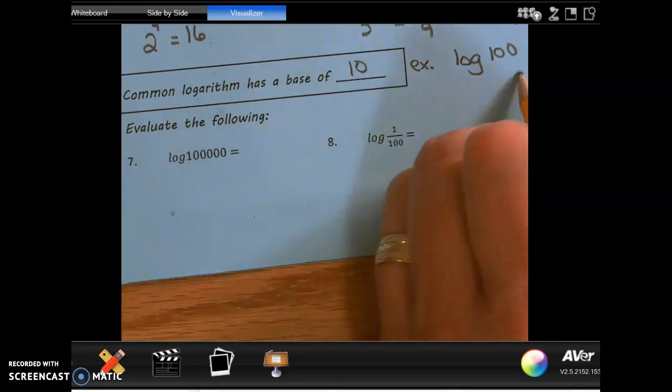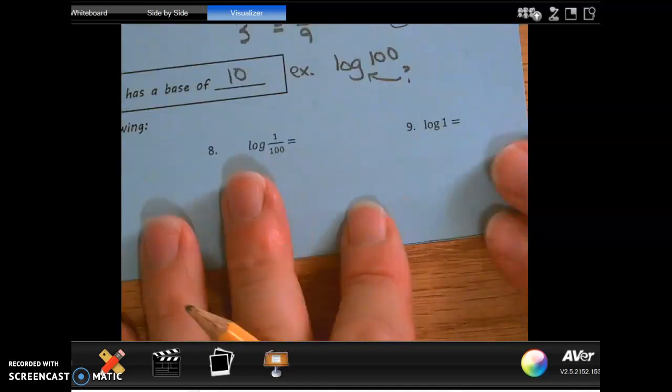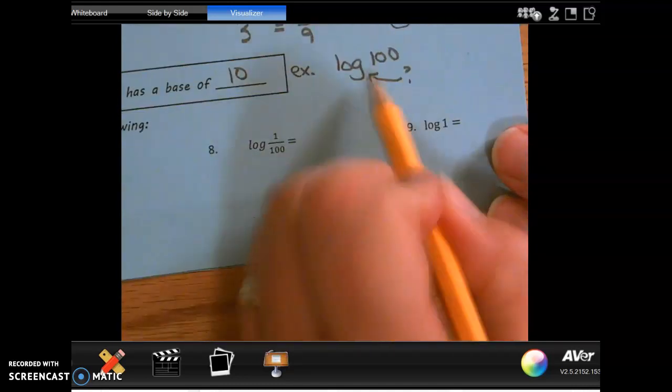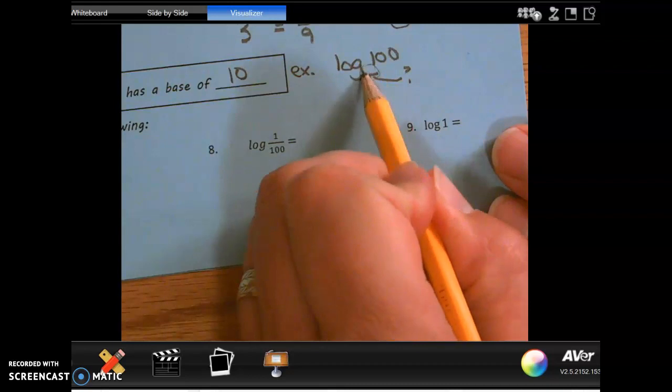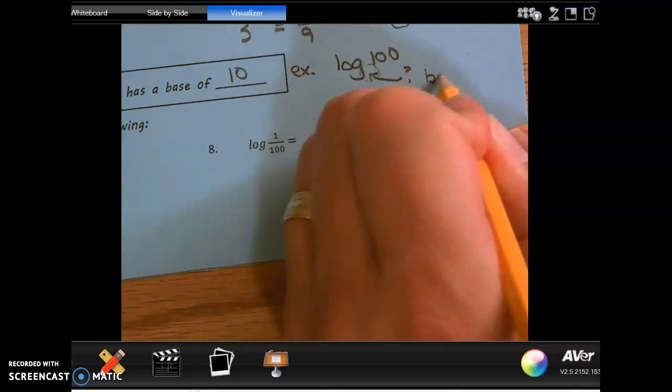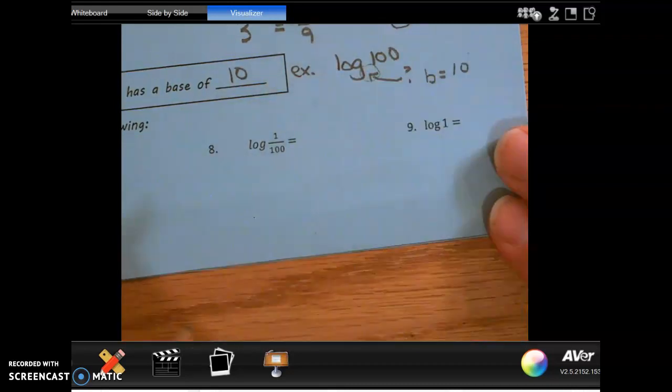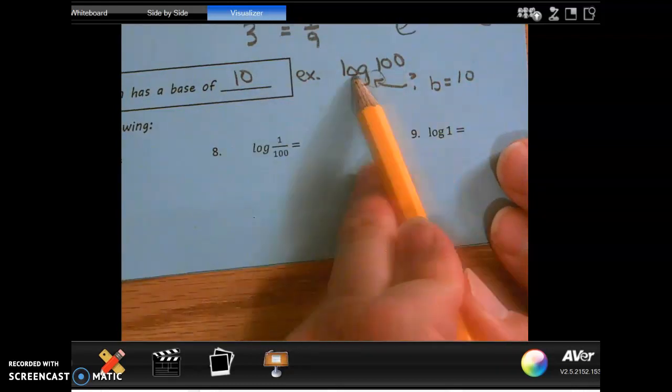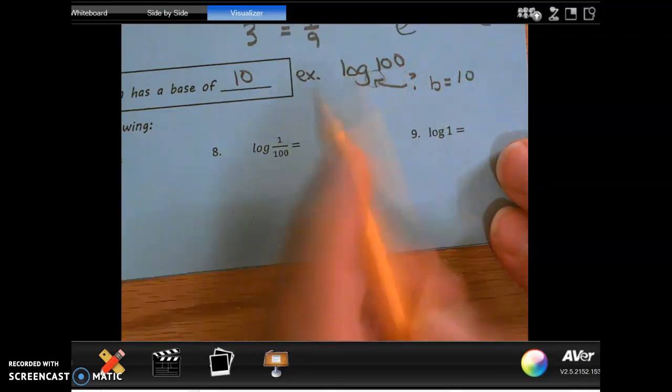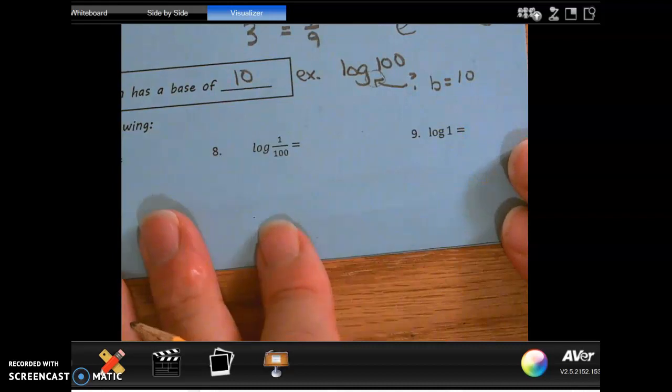Notice what it is: the base is missing. If the base is missing, that means the base is equal to 10. And this is a common logarithm.